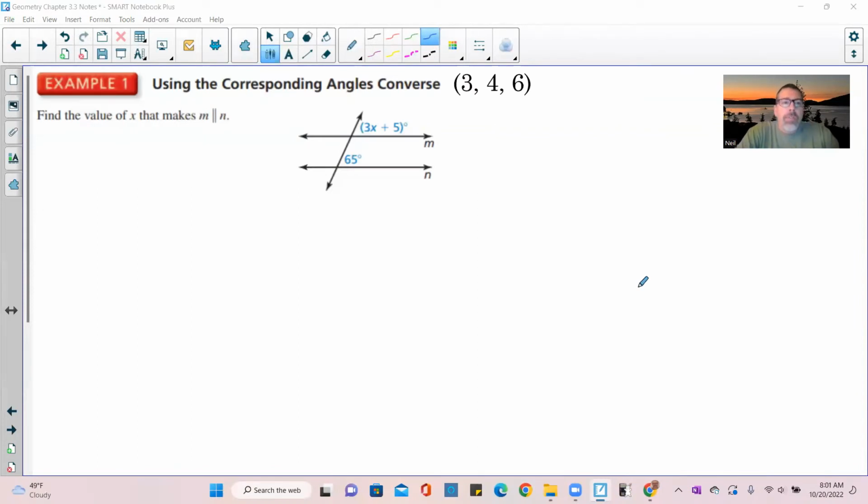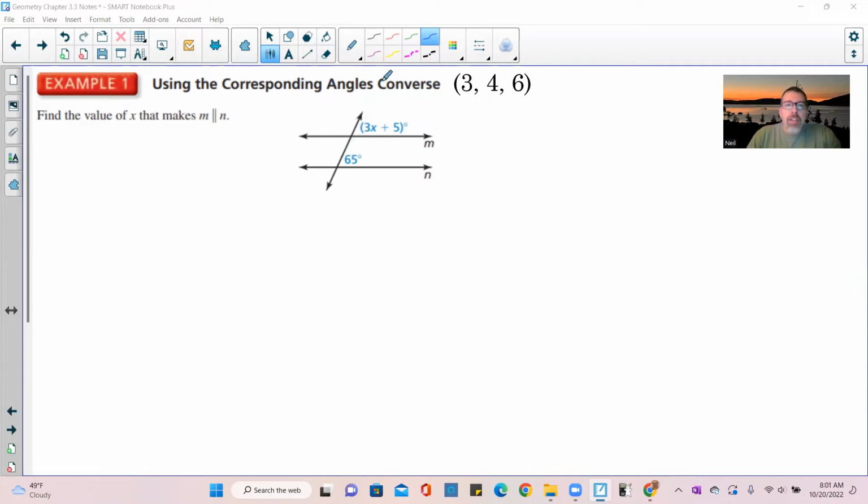Okay, example 1. Using the corresponding angles converse. Find the value of x that makes line M parallel to line N. So what we're trying to do is, well, if corresponding angles are congruent, then the lines must be parallel. So we have to assume they are congruent.